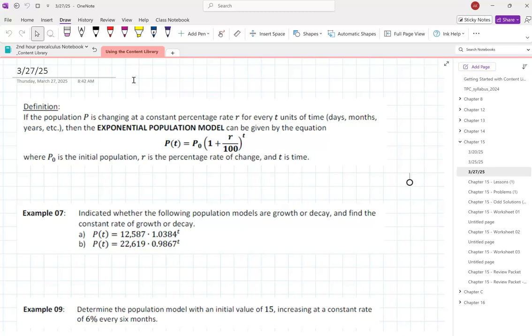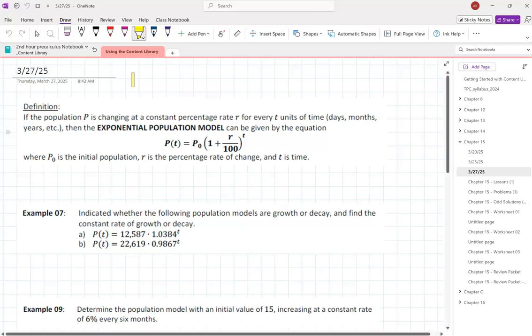So when we talk about the population P, and it's changing at a constant percent or a constant rate, that's our R. Notice in the formula that R is divided by 100.